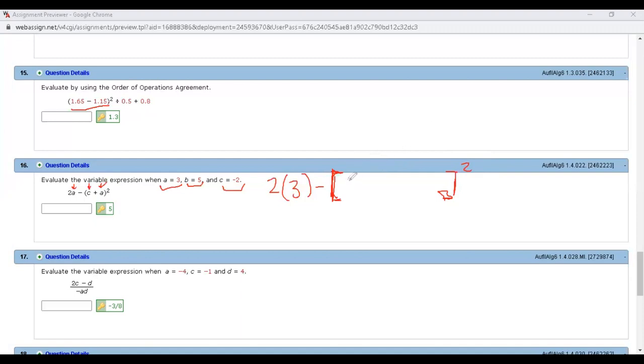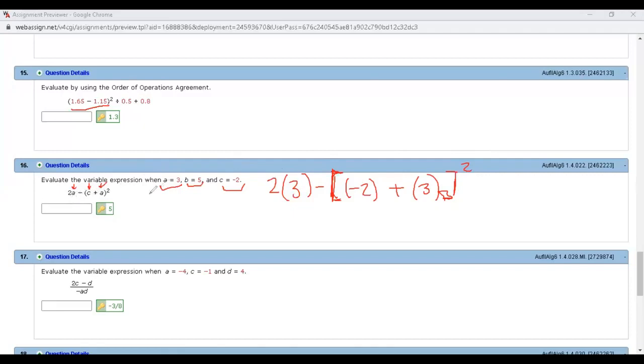Okay, so the C is -2, and the A is 3. Okay, so we didn't even have a B in here to plug in. So make sure you guys always check.